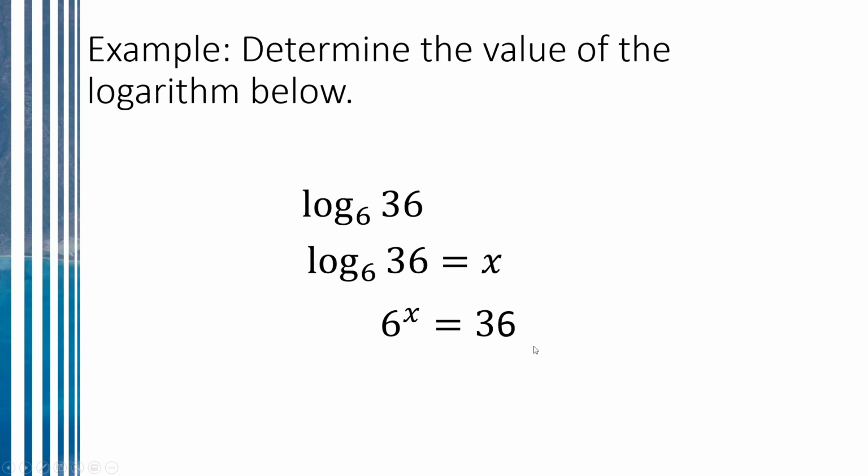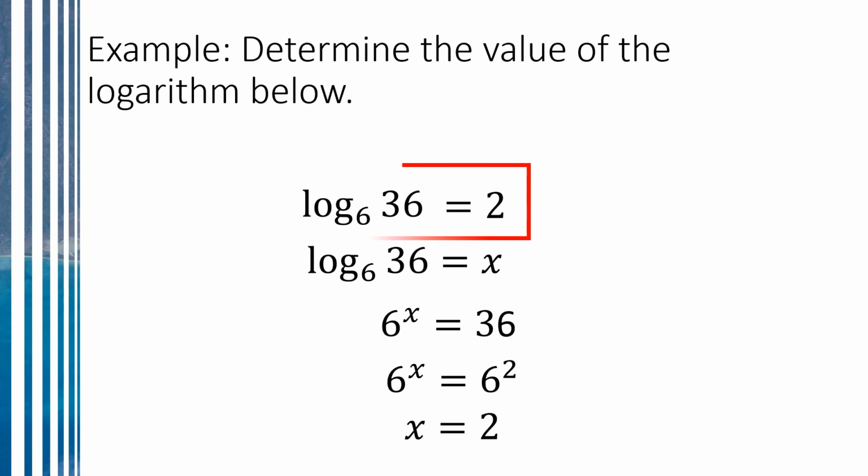Then you have 6 raised to x is equal to 36. Now, 36 should be factored out such that the base is 6. Then 36 is equal to 6 squared. Therefore, x is equal to 2. So we could say that the logarithm of 36 to the base 6 is equal to 2, and that would be our answer.